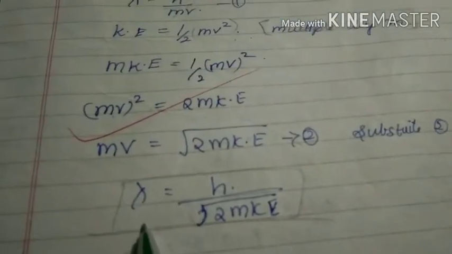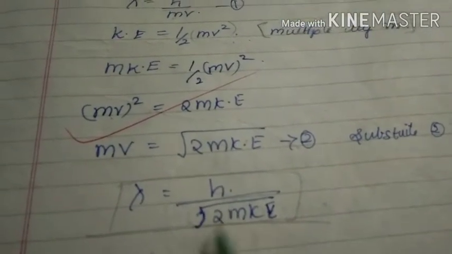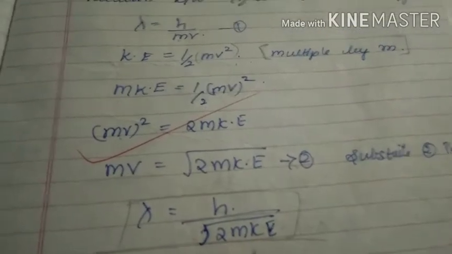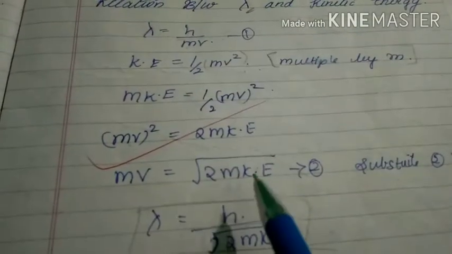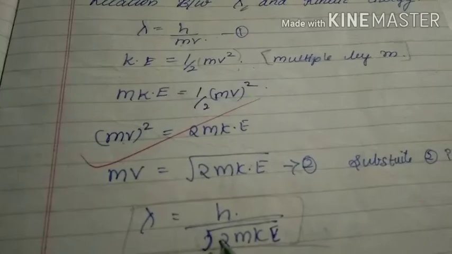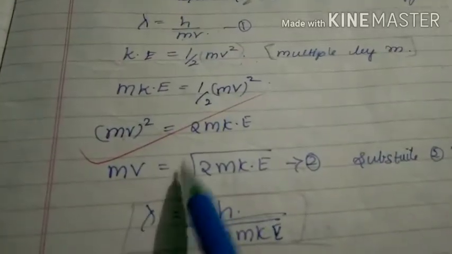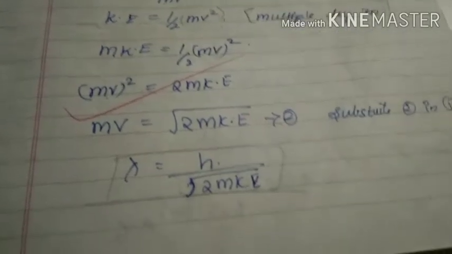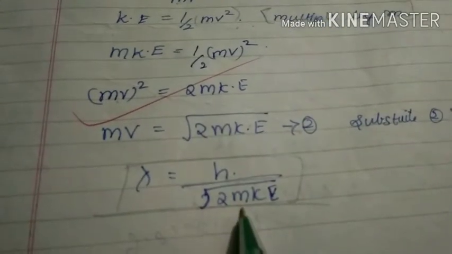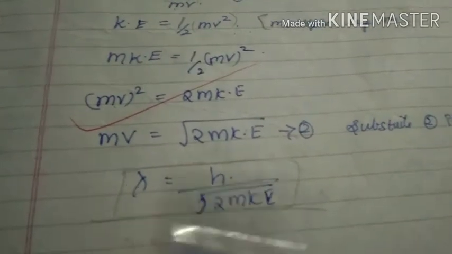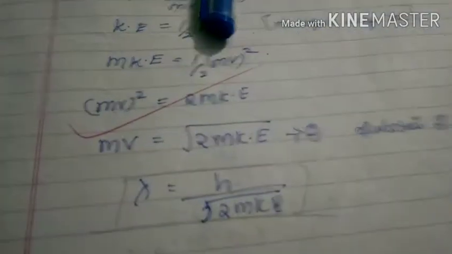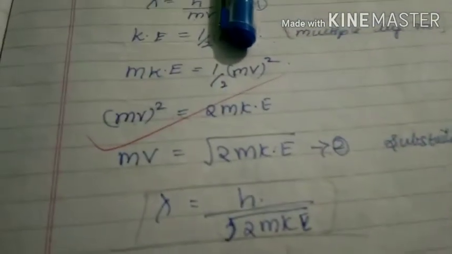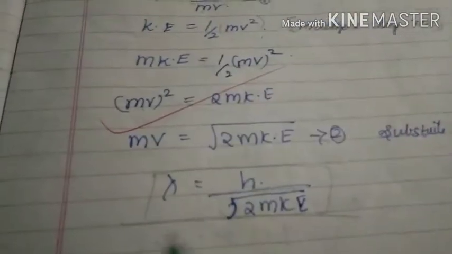Finally, lambda is equal to h by root of 2m into K. How can we say that? From equations 1 and 2. That means if you substitute this value in this equation, then we get lambda equal to h by root of 2m into K, where K is the kinetic energy of the particle, m is the mass of the particle, lambda is the wavelength of the particle, and h is Planck's constant. So this is the relation between lambda and K.